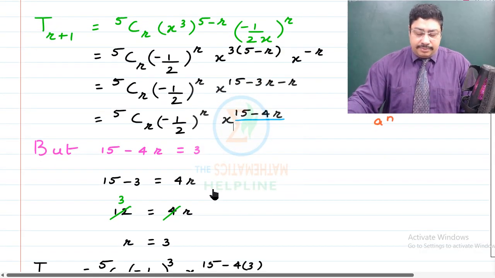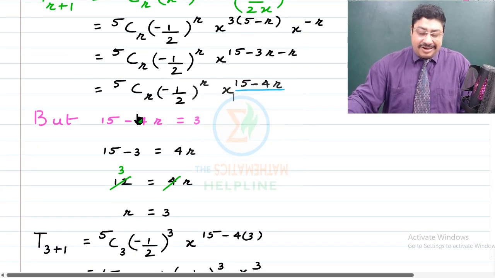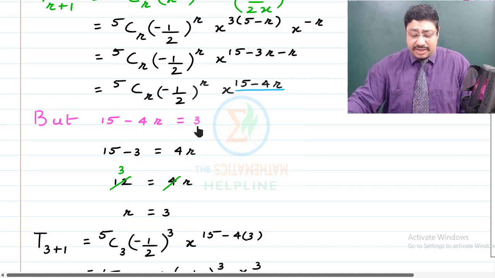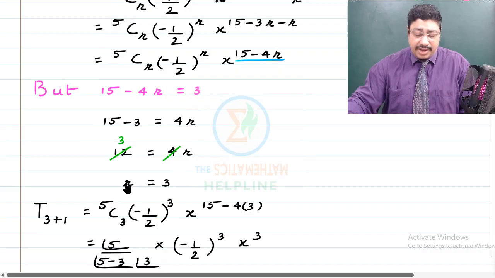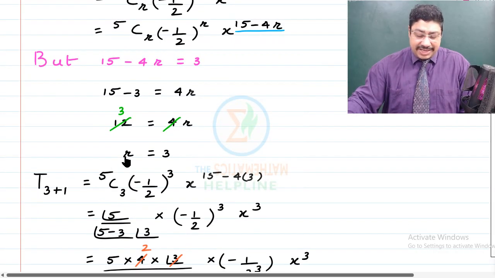Then all these numbers which are multiplied with it are actually the coefficient of this term, right? So further here, we calculate this binomial coefficient by keeping the value of r after calculation of this. When we take this 4r to the other side, we have 15 minus 3, which becomes equal to 12. 4 cancels 12 3 times, as such r becomes equal to 3. Now we keep this in place of r wherever it was.